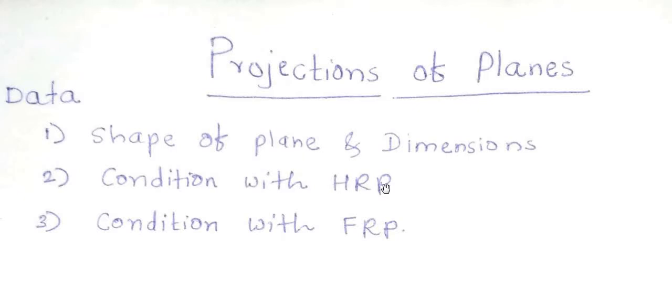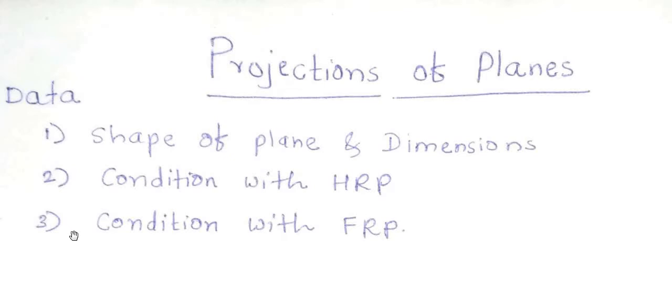Something of the plane will be in HRP. That would be the first subcondition, and the second subcondition would be edge view making some angle with HRP. So the second data, that is condition with respect to HRP, will consist of something of the plane in the HRP and edge view making some angle with HRP.